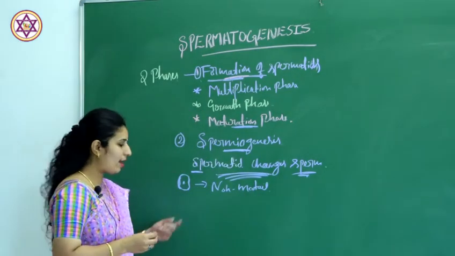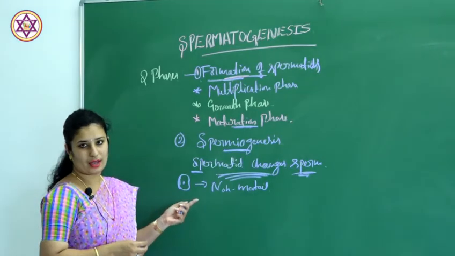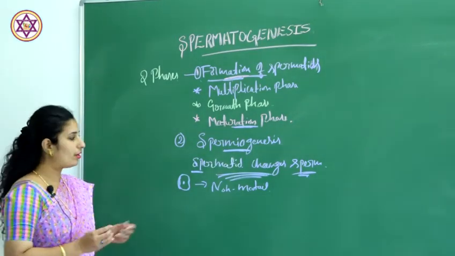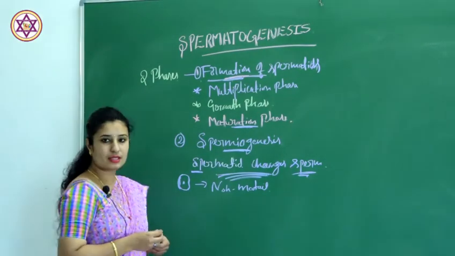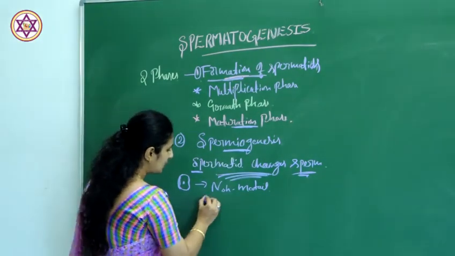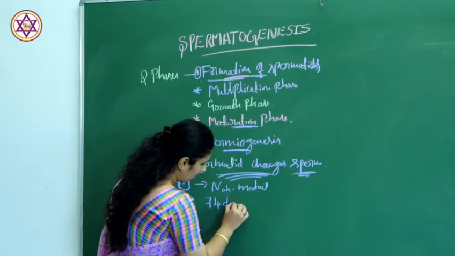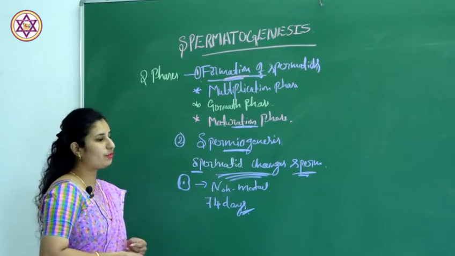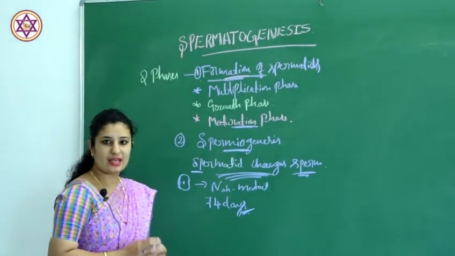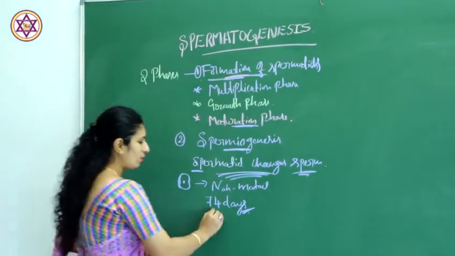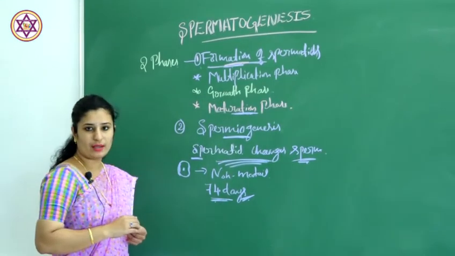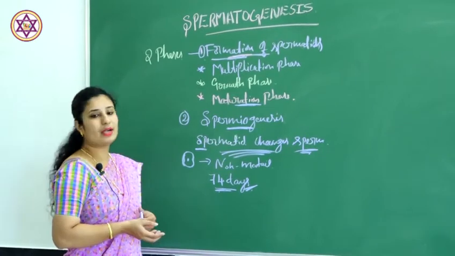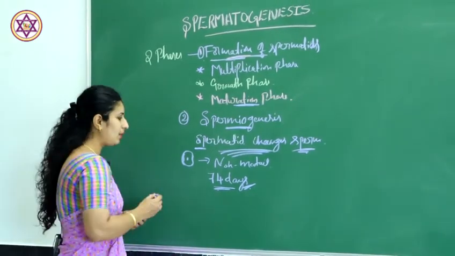The complete process of spermatogenesis gets completed in 74 days. And the process of spermatogenesis takes place in seminiferous tubules.